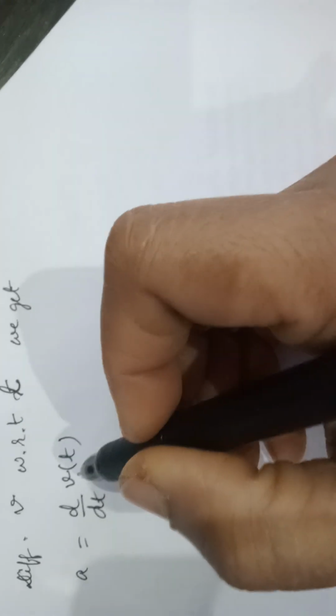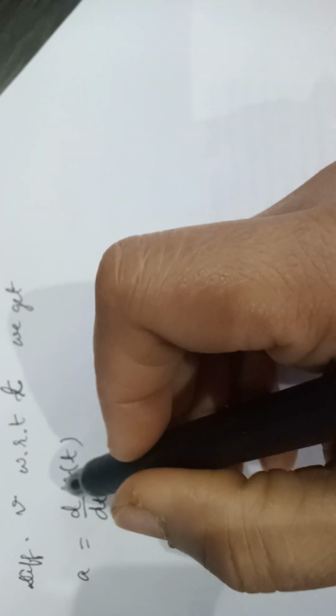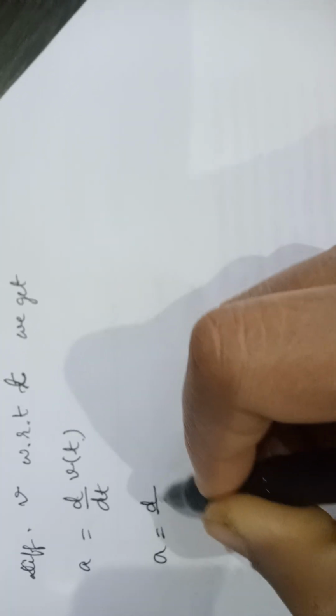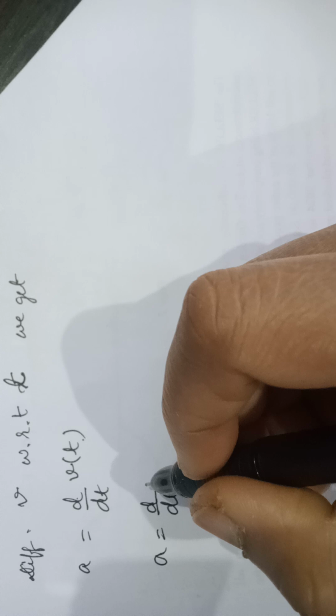Because velocity expression is time dependent, we have seen earlier, so we can write like this: differentiation of velocity. So now we will write expression for velocity.